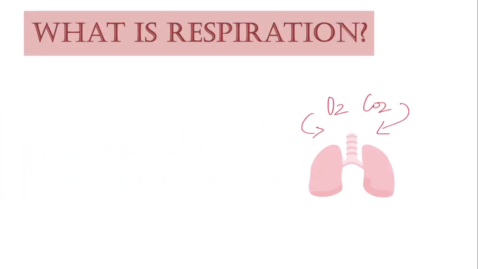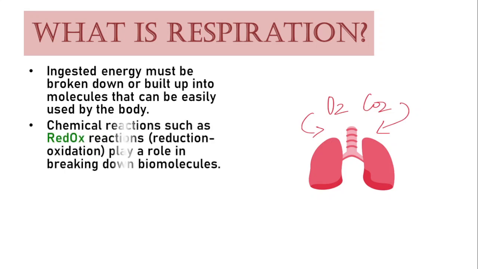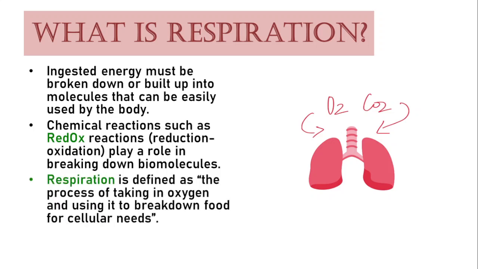Now let's move on to the next life process, which is respiration. So when we are ingesting food into our body, this food, in order to be used by the organism, needs to be broken down into smaller molecules so that it may be distributed. There are a set of chemical reactions which help in this process.